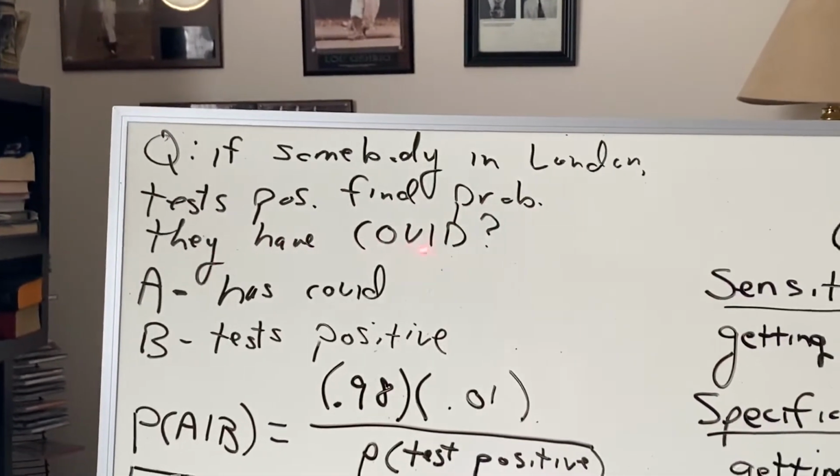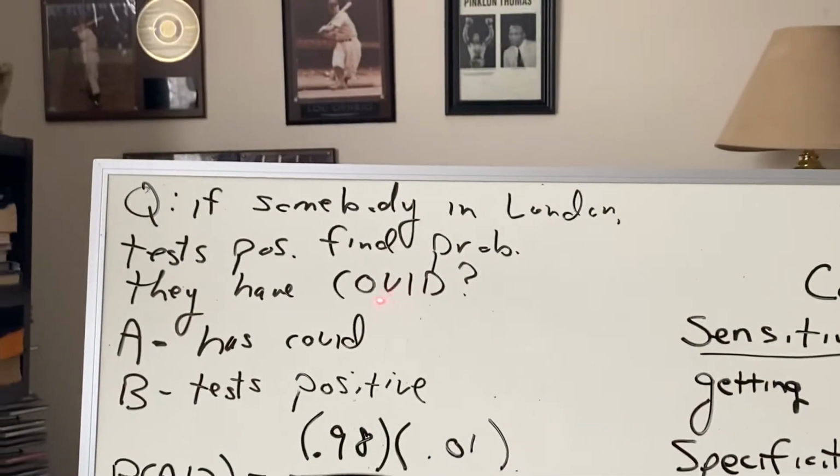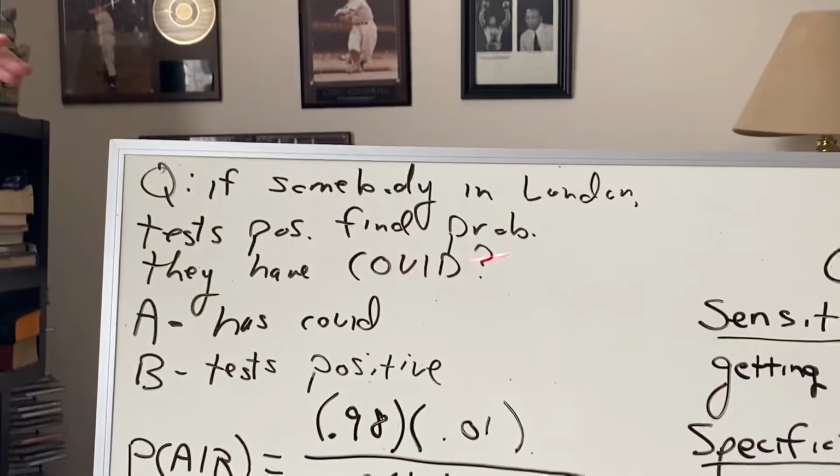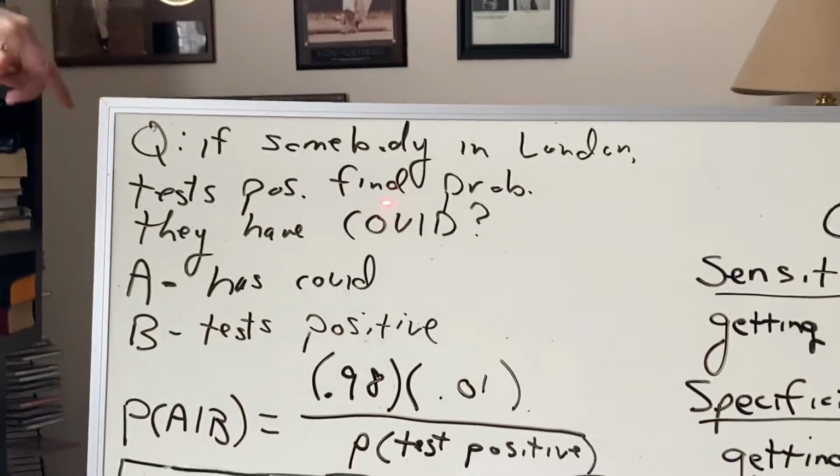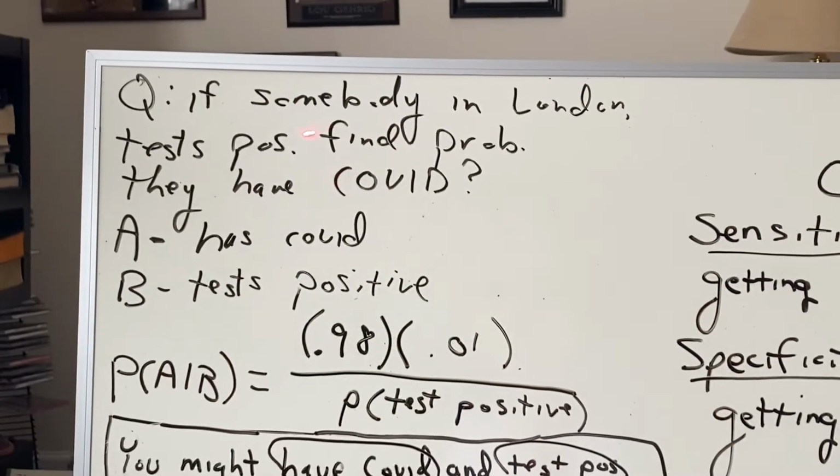We want to find the probability that they have COVID, right? Of course, they test positive. That doesn't mean they necessarily have COVID. We can determine that probability under these assumptions.